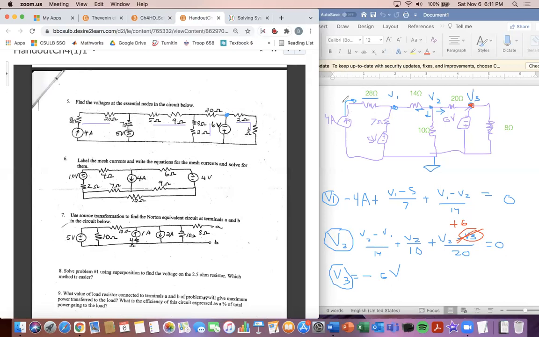It's a series combination right here. So the current going through the 28 ohm is equal to the current coming out of the 28 ohm, because they're in series. However, here we have a voltage source in parallel with this 8 ohm. If you remember, the voltage drop is the same across parallel elements. So that 8 ohm is not going to affect the voltage.